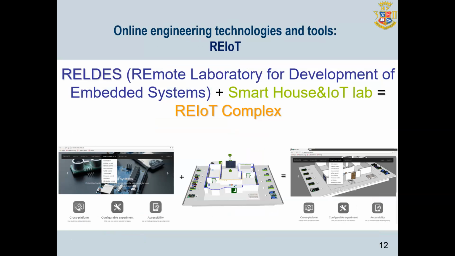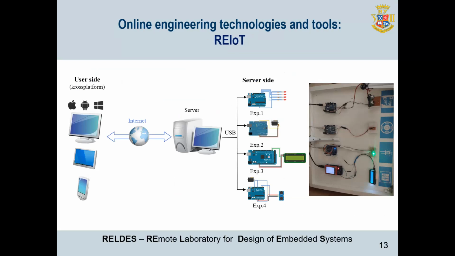This complex can be effectively used for the practical study of IoT technologies based on real equipment, such as hardware-software platforms, sensors, and actuators. The first part of the integrated complex is the remote laboratory for design of embedded systems.